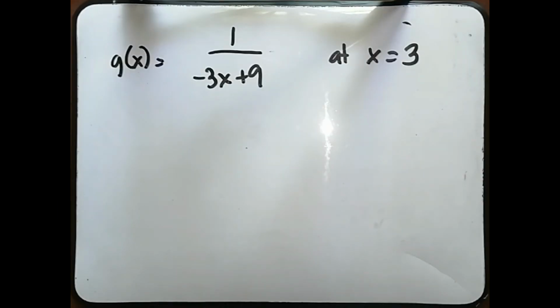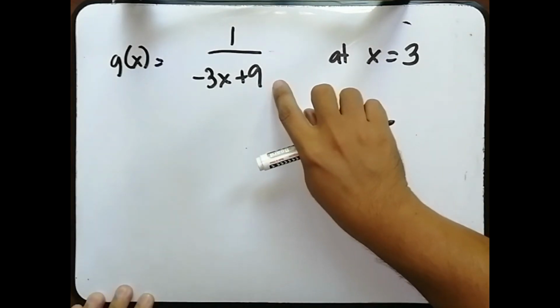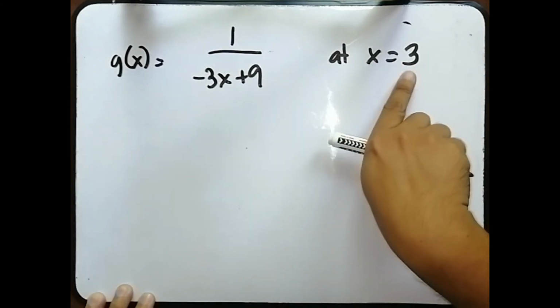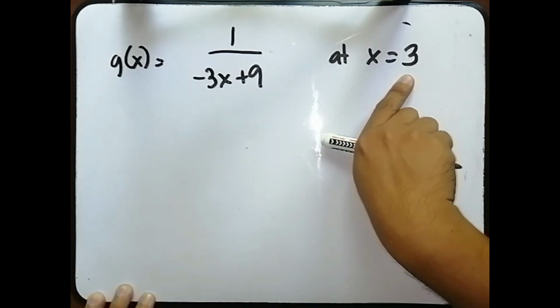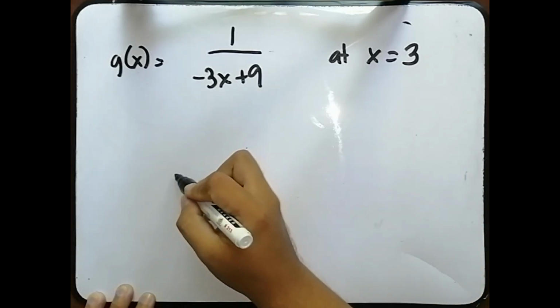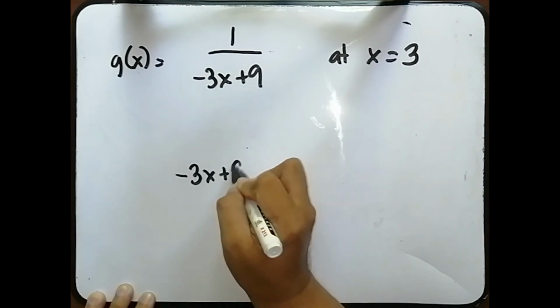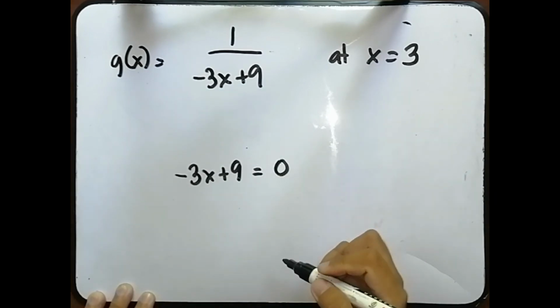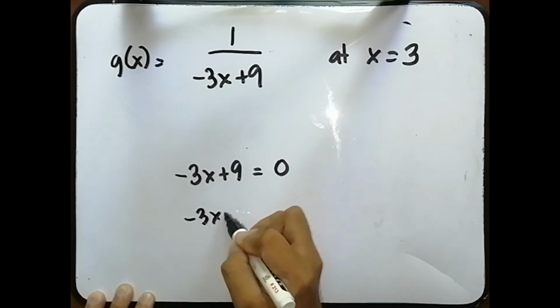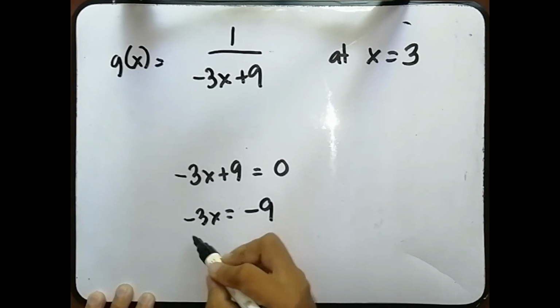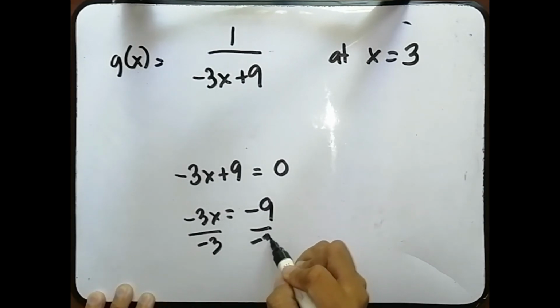Let's determine if g of x equals 1 over negative 3x plus 9 is continuous at x equals 3. So, since rational to, check lang natin, kasama ba yung 3 sa domain or not? So, tignan lang natin yung denominator. Negative 3x plus 9 equals 0. So, we have negative 3x equals negative 9 over negative 3.